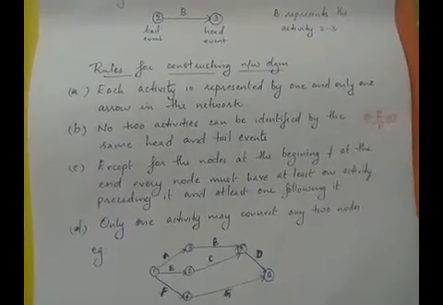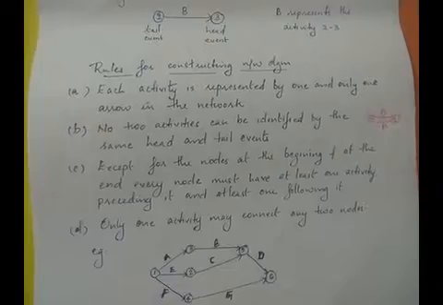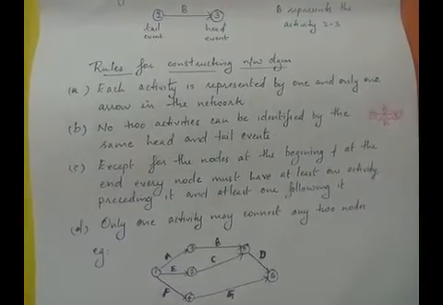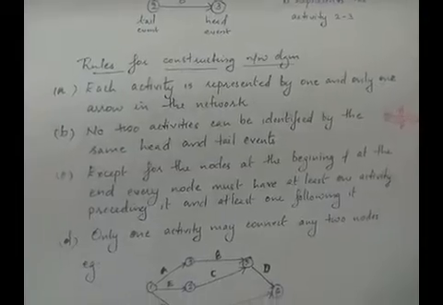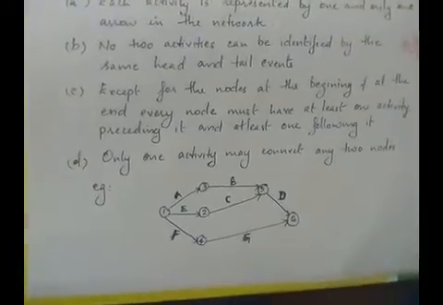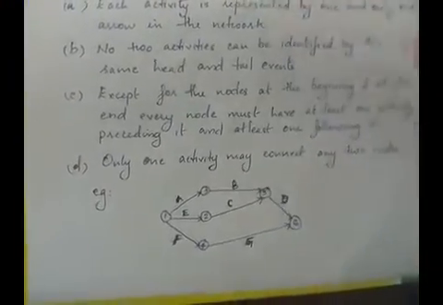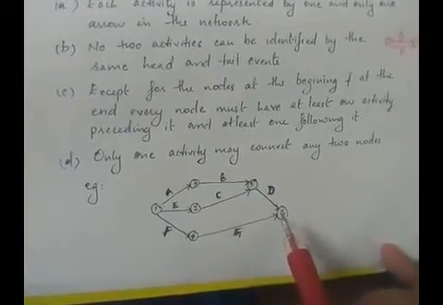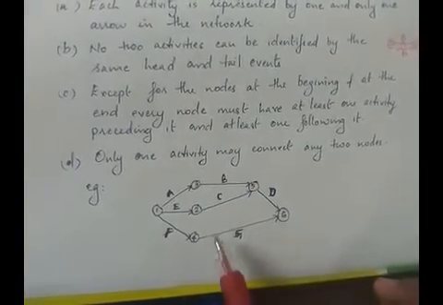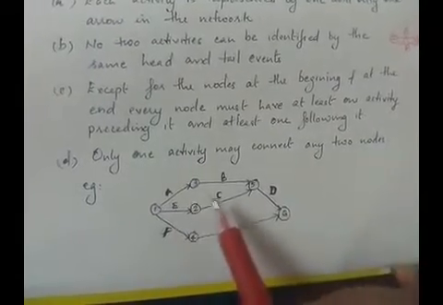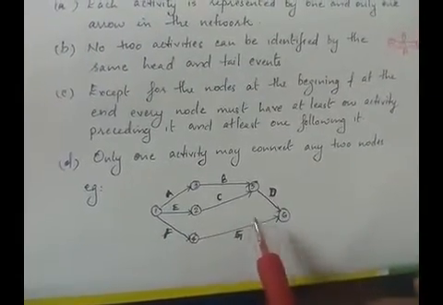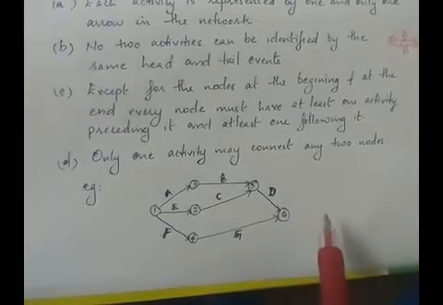The third one: except for the nodes at the beginning and at the end, every node must have at least one activity preceding it and at least one following it. Now look at this figure. Here the starting event is 1 and the ending event is 6. Except these two, all other activities should have a preceding and a succeeding activity.